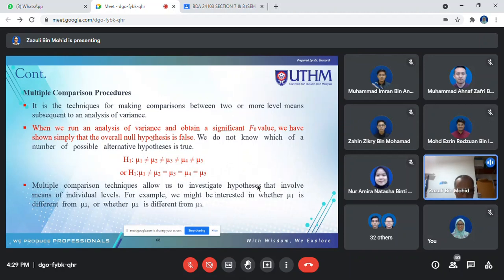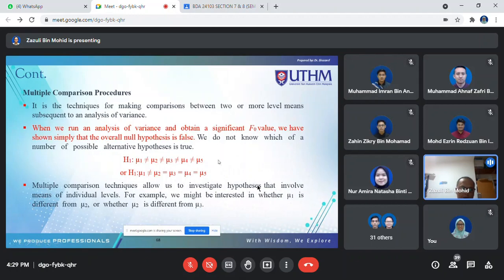For comparison, we need to have the hypotheses: the null hypothesis and the alternative hypothesis. Here is showing the alternative hypothesis. There is a condition where the means of the factor levels are not all the same.